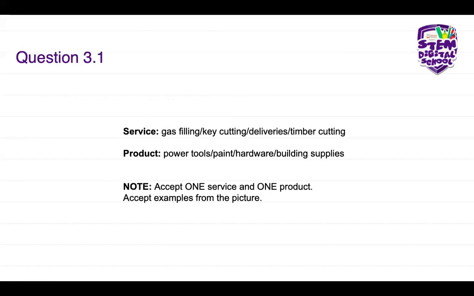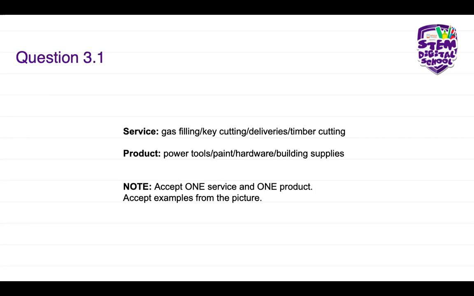3.1, service: gas filling, key cutting, deliveries, and timber cutting. Product: power tools, paint, hardware, and building supplies. This may sound like a simple question, but what it tests is your ability to distinguish between a service and a product, between what is tangible and what is intangible.